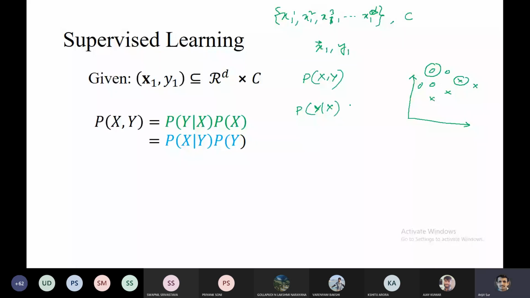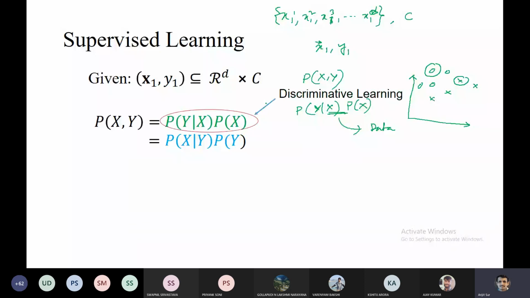What we are trying to understand is: given the data samples, what is the probability of a particular data point being y? This is a very important concept called discriminative learning.